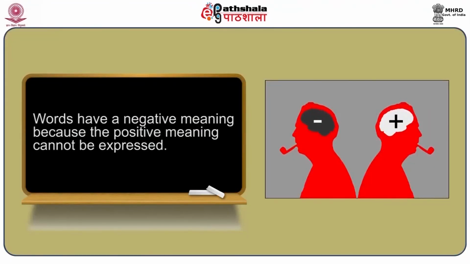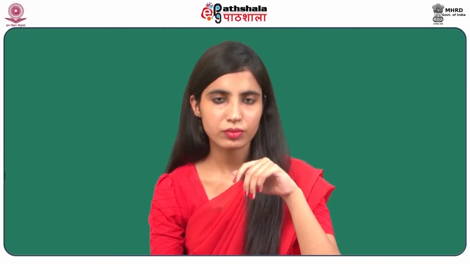Dignaga's nominalism was systematically developed and explained by Dharmakirti. Dharmakirti, who was also a Buddhist philosopher, has famous works such as Pramanavartika and Nyayabindu. Words, according to him, only have negative meaning because what is positive cannot be expressed.